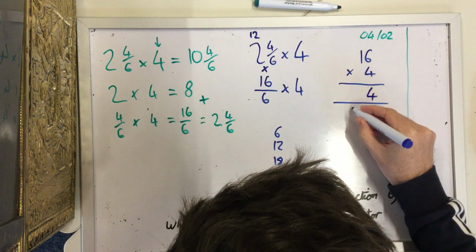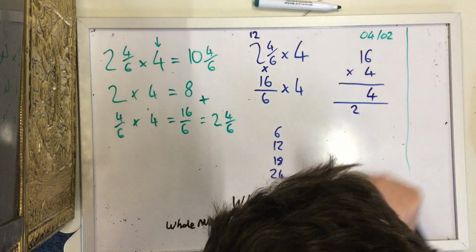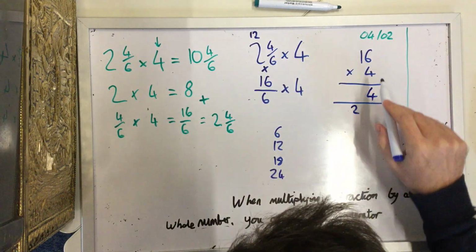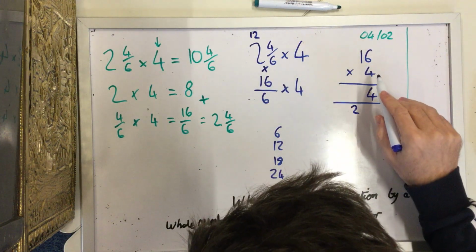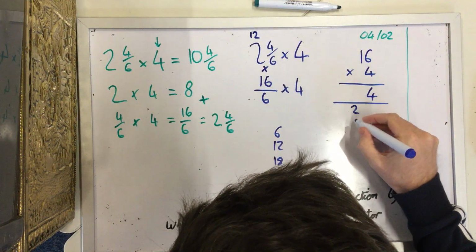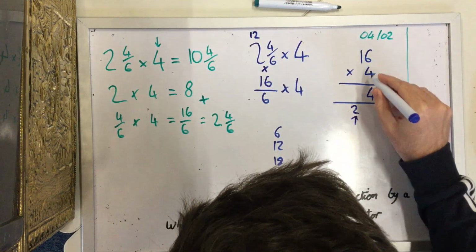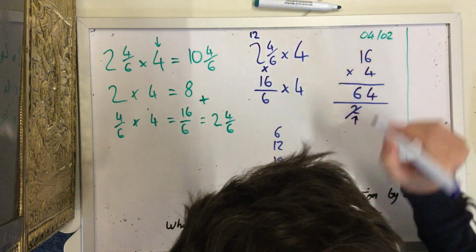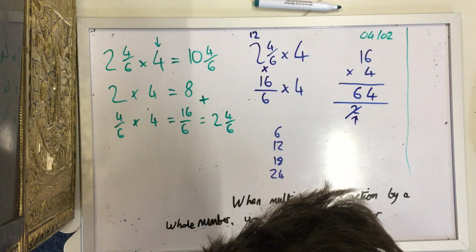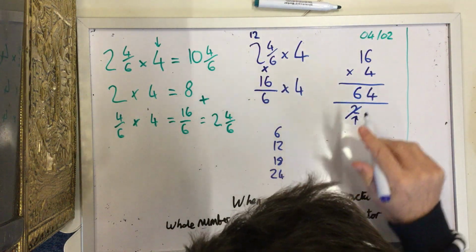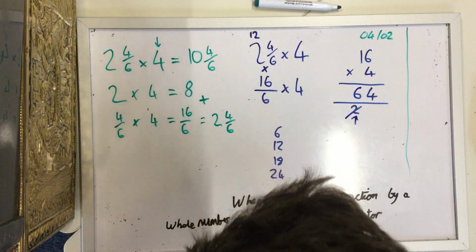So our 4 goes in there and we carry the 10s, just the 20 part. The 2 gets carried there. And then we do 4 times 1, which is 4. But we need to remember to add the 2, so 64. So now we've got 64 6ths.